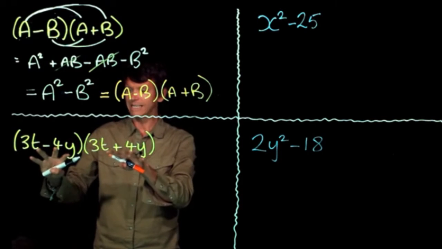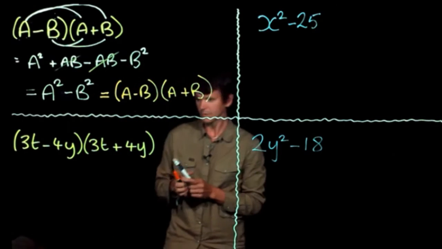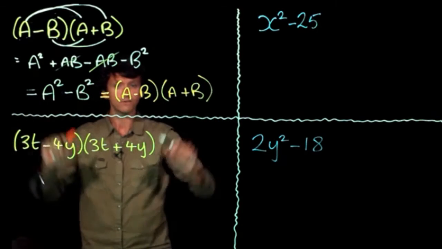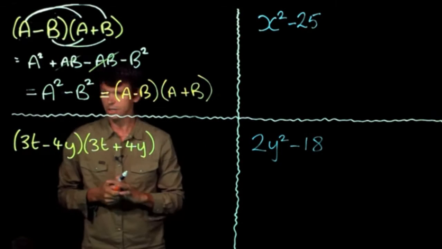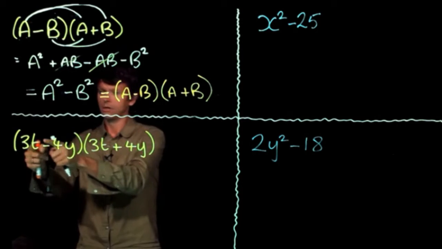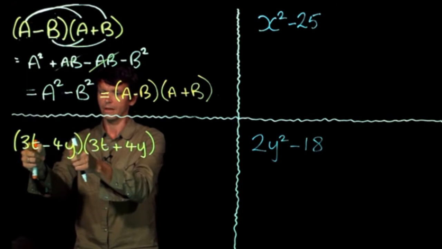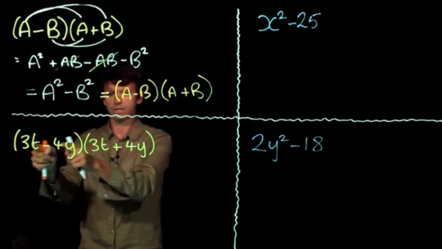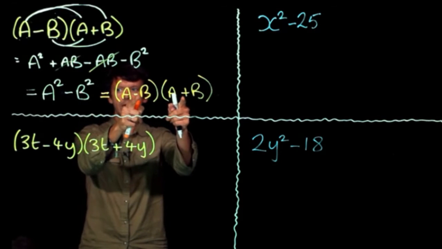Because when you see an example like this one, you could go through all this expansion, or knowing the difference of two squares, you could just think, right, I've got here one term minus another multiplied by the same two terms, but a sum. I've got a difference and a sum, just like I've got here.